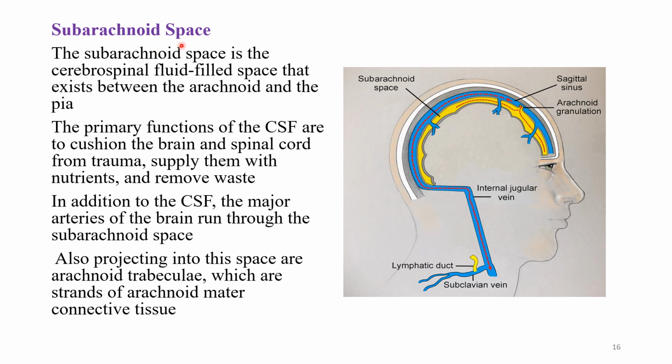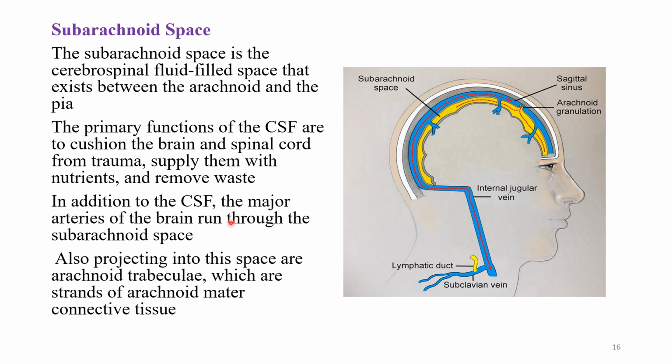Next, coming to the subarachnoid space. The subarachnoid space is the cerebrospinal fluid filled space that exists between the arachnoid and the pia mater. The primary functions of the CSF are to cushion the brain and spinal cord from trauma, to supply nutrients and to remove waste products.